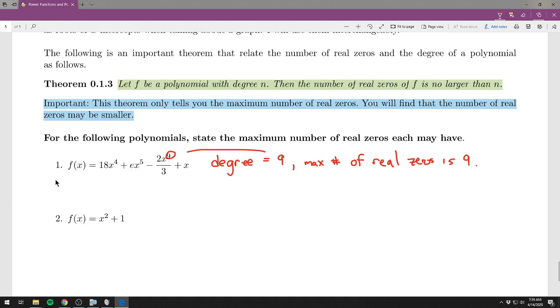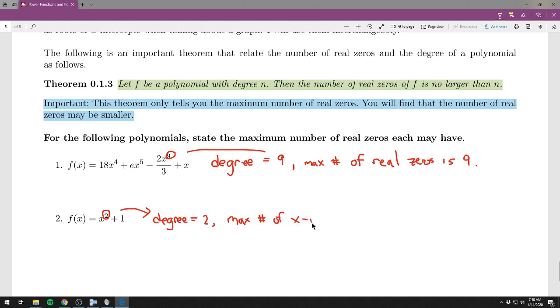The second example here, I wanted to throw in a second one because we can actually graph this one to sort of explain what this is saying. F of x equals x squared plus 1. Its degree is 2. The maximum number of real zeros or x-intercepts or roots is 2.